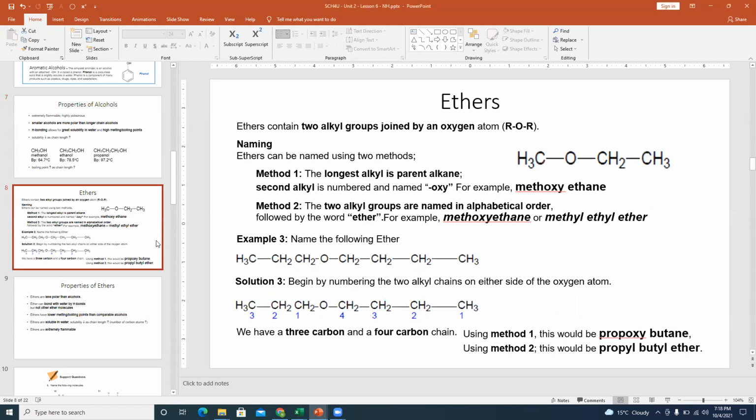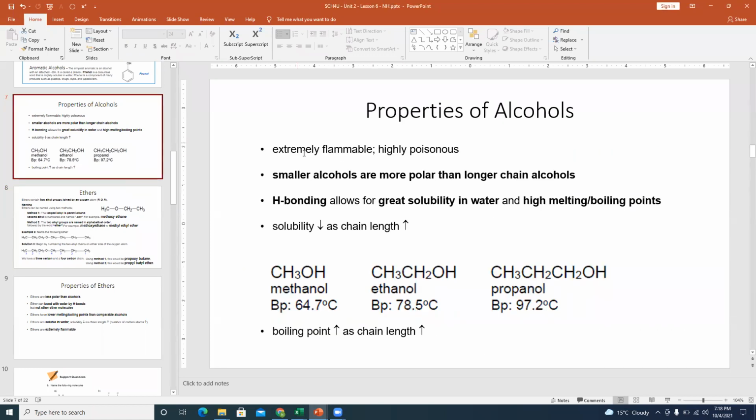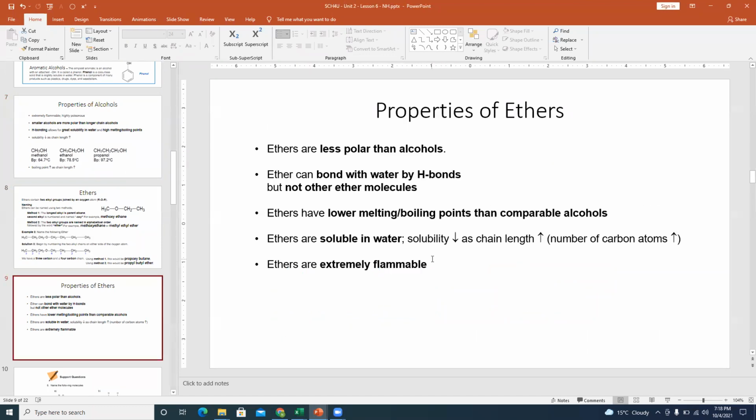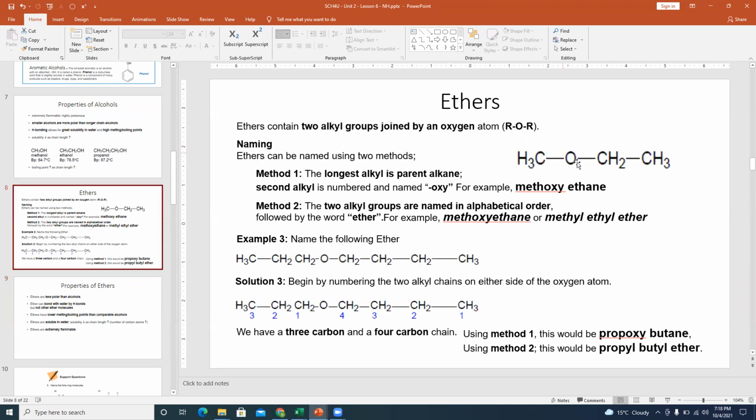Then we continue to talk about ethers. We talked about the properties of alcohols, very flammable, highly poisonous. Ethers are also extremely flammable. And as you can guess, they are reminiscent of alcohols, except instead of an H at this end, there's another alkyl group. So instead of an OH, it's an OR group.